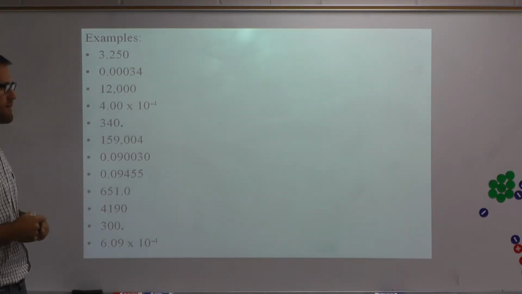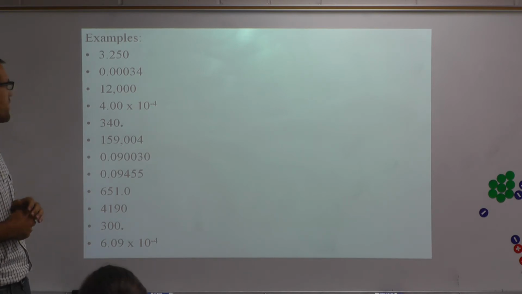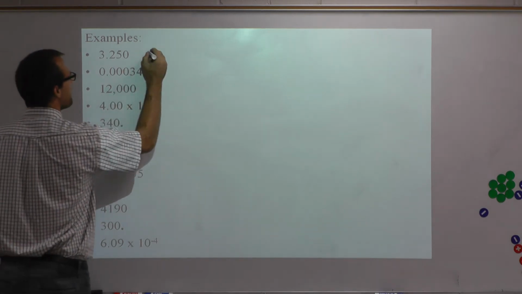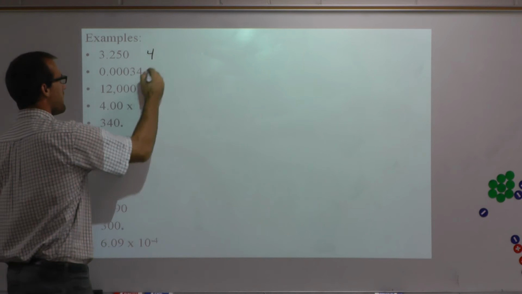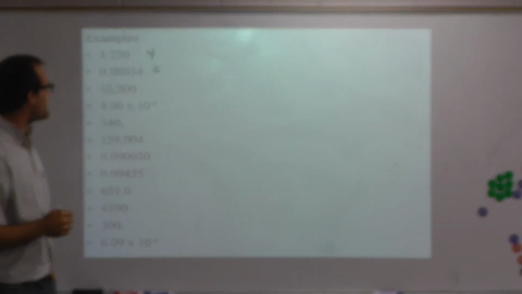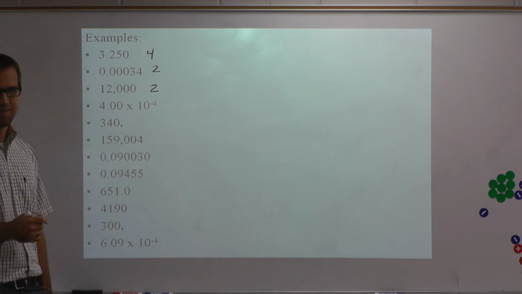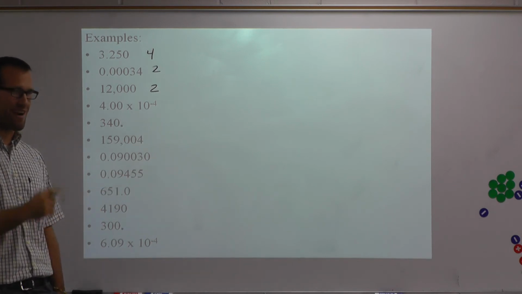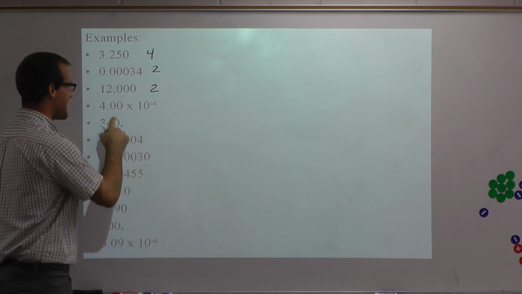Just rapid fire. We'll call on you. You tell me how many sig figs they have. Start with Marty. 4. Yes or no? Yes. Gage. 2. Yes or no? Yes. Natalie. 2. No? Okay, that was the one I wanted, but that works. I was going in order. How about this one?